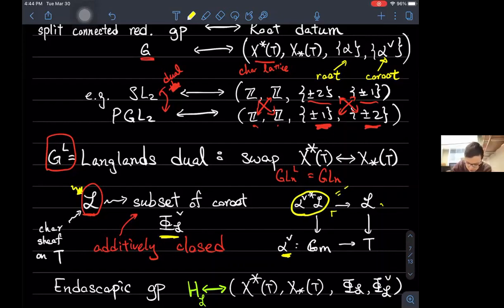If this is trivial, then I call it good. Otherwise, I call it bad.